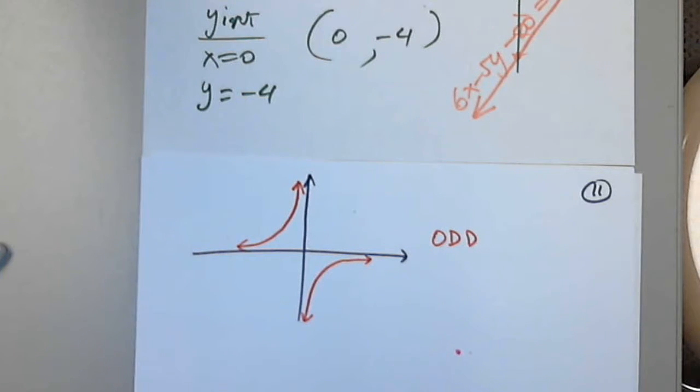Finding domain from a graph. We talked about that. Finding values of the function from a graph. No, okay. Identifying which one is a function, we just did that. Solving rational equations. Solving radical equations.